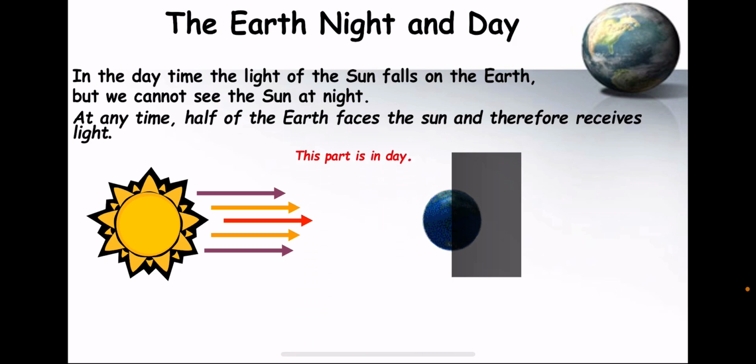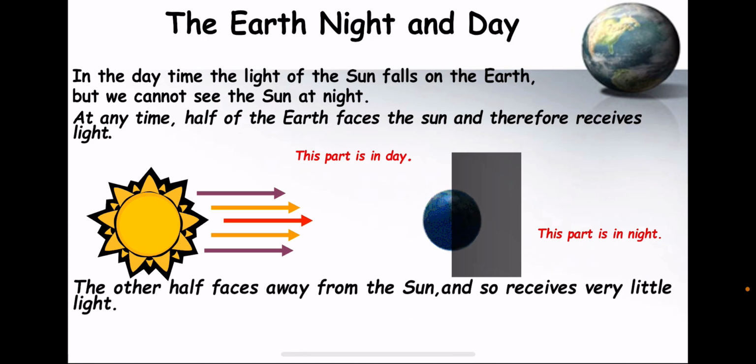The side of the earth facing the sun is bathed in light and heat, and this is called daytime. This part is in day. The other side of the earth, facing away from the sun, out towards space, is darker and colder, and this is the night time. So this part is in night, and the other part which is facing the sun is daytime.